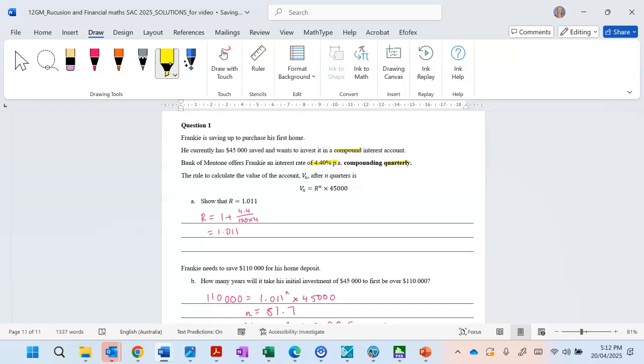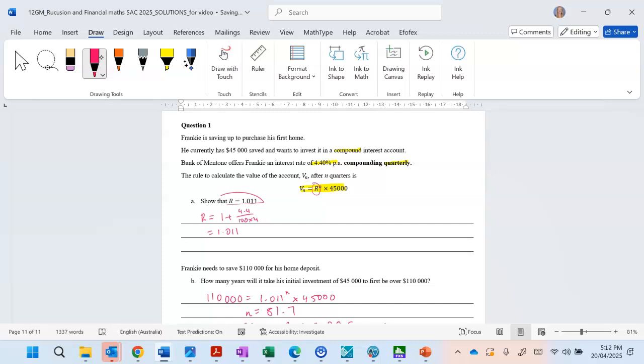The rule to calculate the value of the account after n quarters is, okay, so we've got a rule there. We don't have the value of R, and often in an exam it'll start off easy like this where it's a show that question. So we've got R is equal to this. So instead of being given it in the rule, it's been given to you in the question. You have to show how it's calculated.